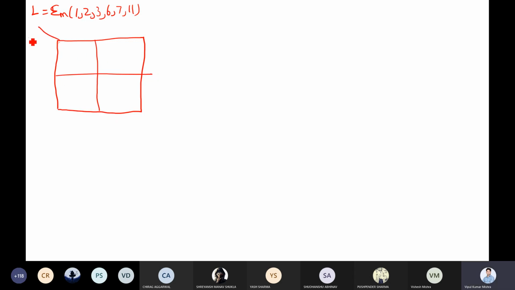One important point: here we have A1, A0, and here we have B1, B0. So accordingly, you can draw your K-map. If you change the order, you will get a different answer and that might not be correct. So here A1 bar A0 bar, A1 bar A0, and so on. Here we have B1, B0.